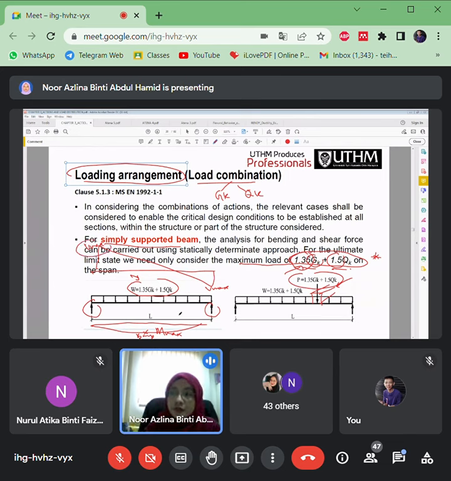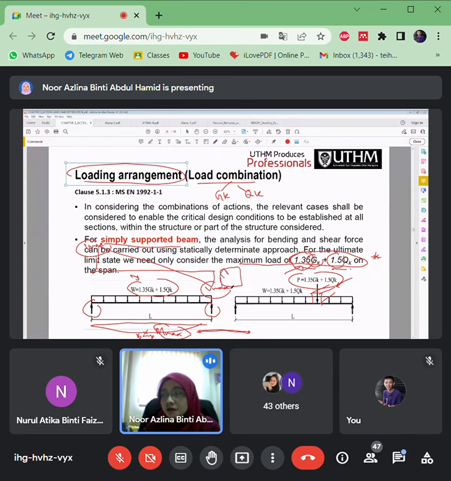So Vmax and Mmax, moment max, are very important for you to apply in order to provide the main reinforcement for the bending moment, while Vmax is required in the design for the shear links.